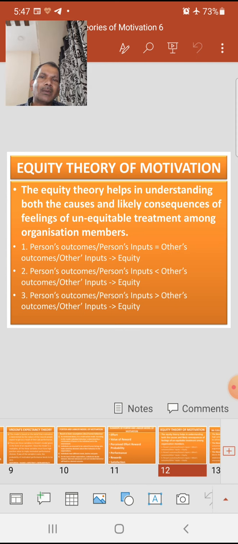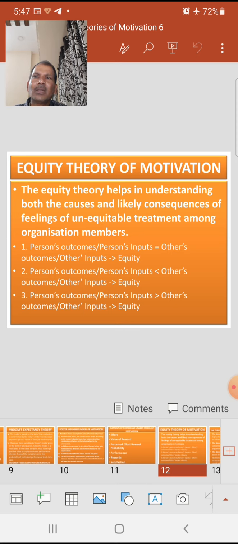The withdrawal can be permanent, such as leaving the organization for some other organization, or it can be temporary, such as increased absenteeism or tardiness. Now we will evaluate the theory, equity theory. The equity theory has generated extensive research with many of the results being supportive.